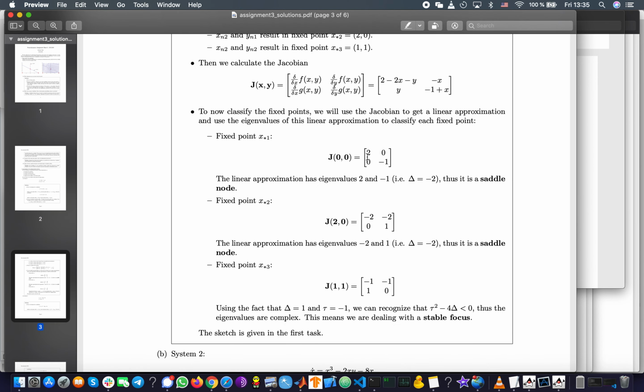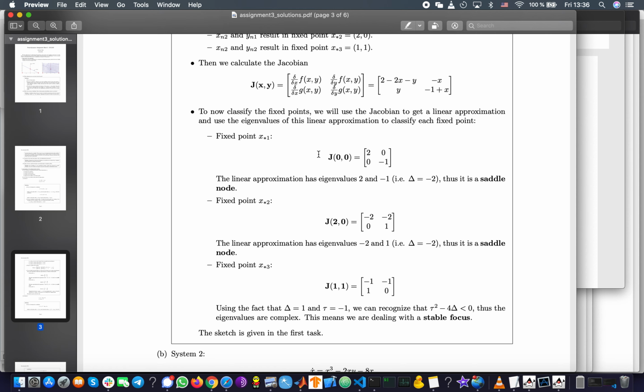Therefore, your Jacobian matrix at your fixed point, because we are using this Jacobian matrix for linearizing our system in the neighborhood, in the proximity of our fixed point, for having an approximation.